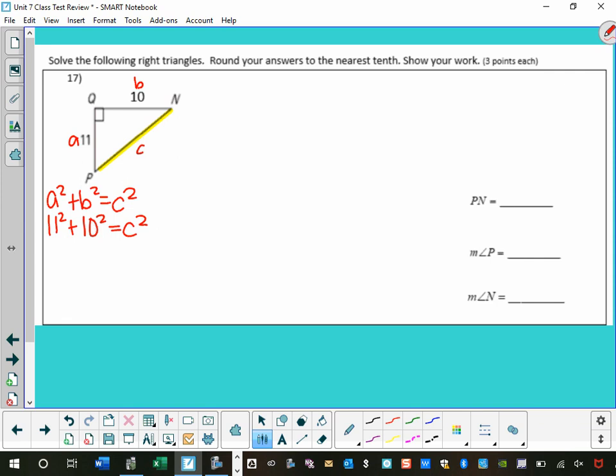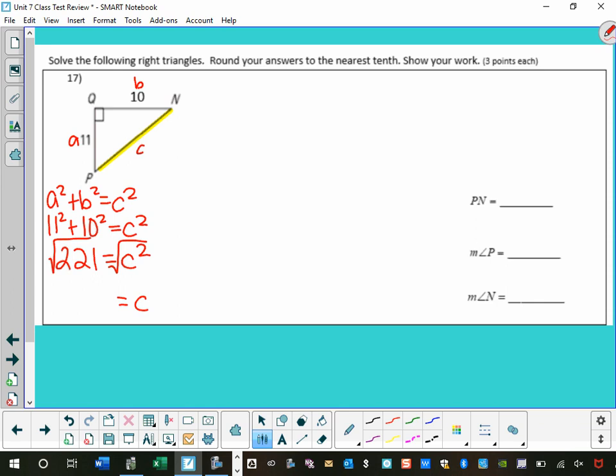What is 11 squared plus 10 squared? Alright, so 221 equals c squared, so how can I find the square root of both sides?